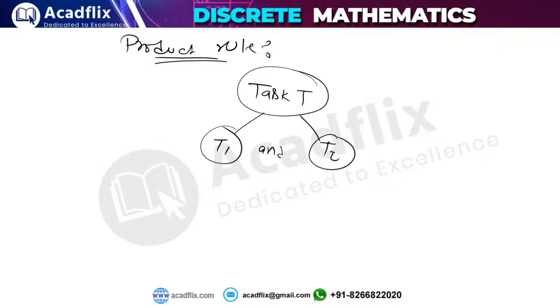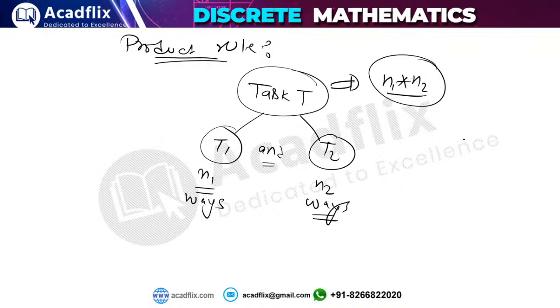Let's assume there are n1 ways to complete this task T1, and let's assume there are n2 ways to complete this task T2. Then how many ways are there to complete this task T? That will be n1 into n2. So this is roughly what this product rule says.